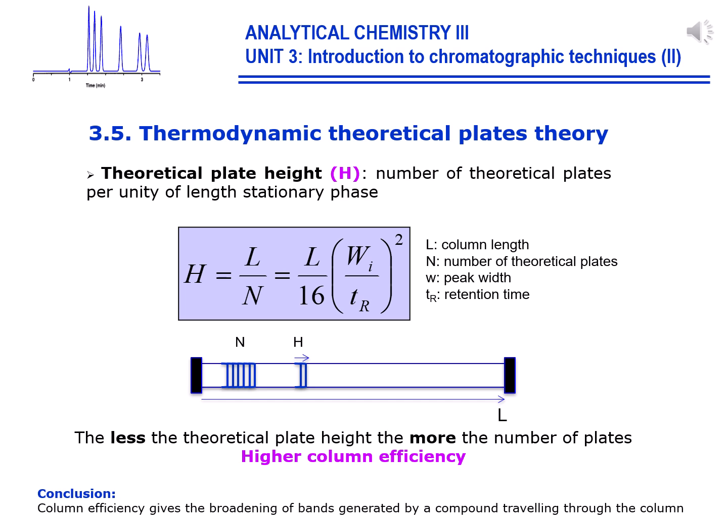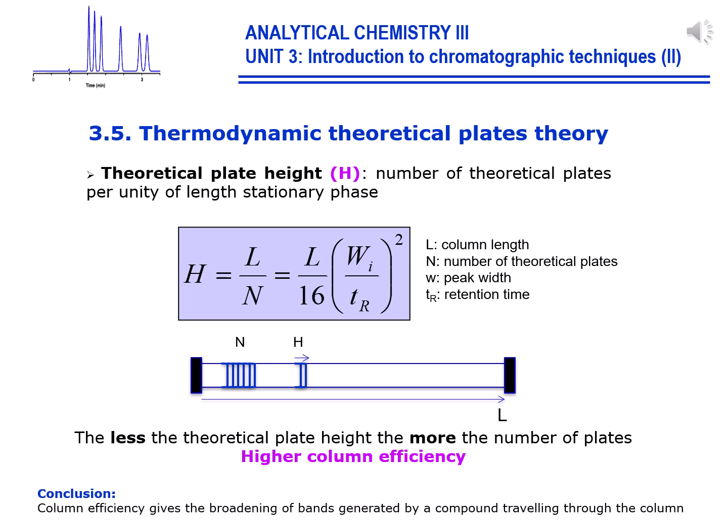Now, the lower the height of the theoretical plate, H, the higher the number of them, N, in a column of fixed dimensions, and therefore the higher the column efficiency. Why?